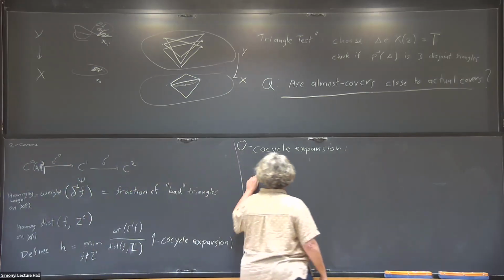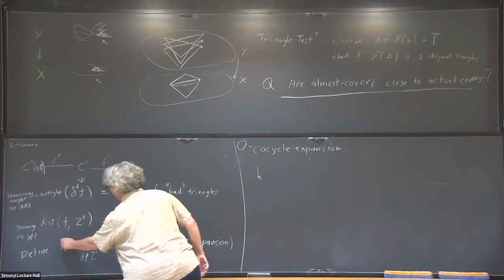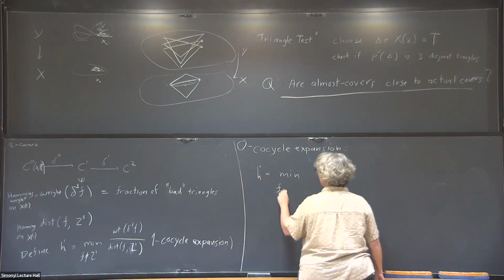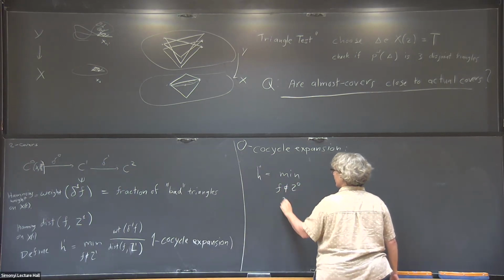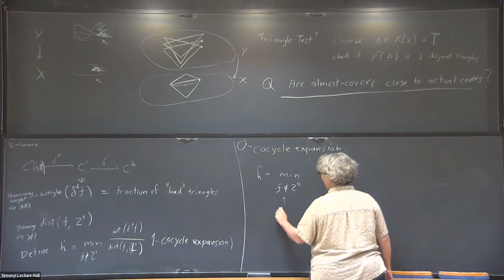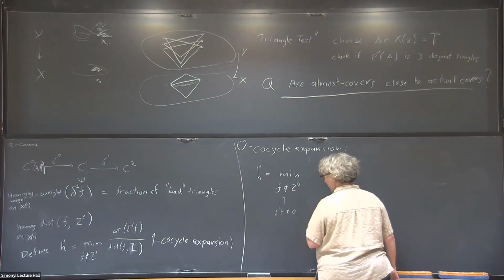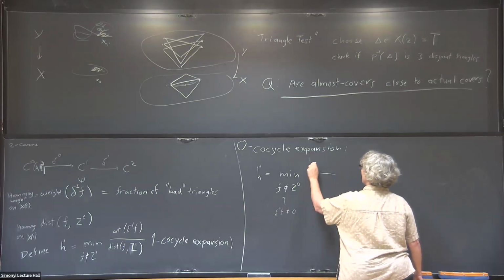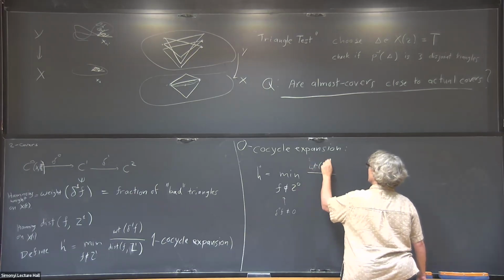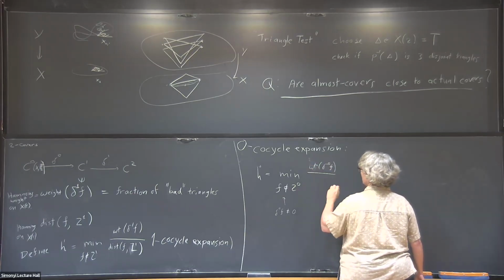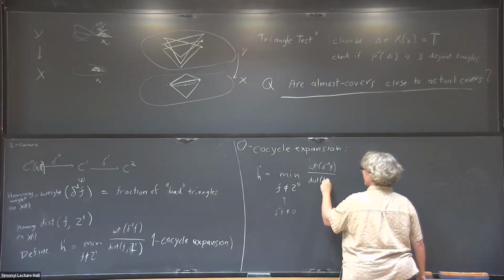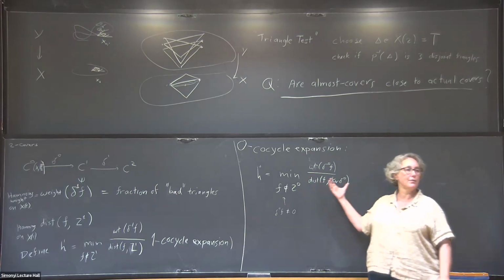So we define this H, I guess I can call this H0, to be the minimum over all the functions that are not in Z0, so functions where delta zero of f is not zero, meaning these are functions that have some boundary, of the weight of delta zero of f divided by the distance of f from the kernel of delta zero, which is the functions with zero boundary.